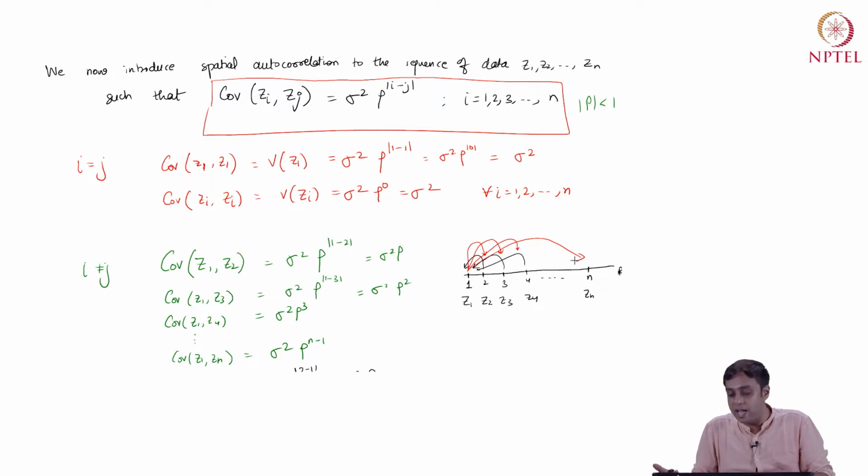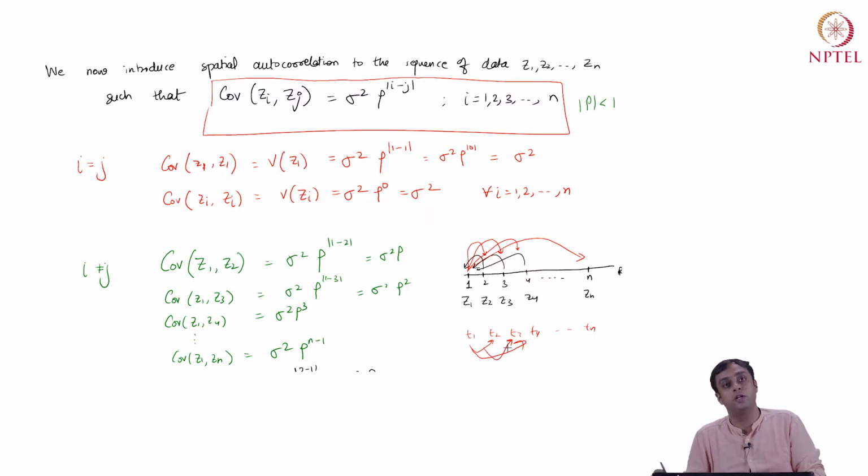So in case of time, you had time period 1, time period 2, time period 3, time period 4, and time period n. And there also we have this understanding of autocorrelation, temporal autocorrelation, where the value at t2 has a spillover from t1. Similarly, t3 has a spillover from t1. It also has a spillover from t2, and so on and so forth.